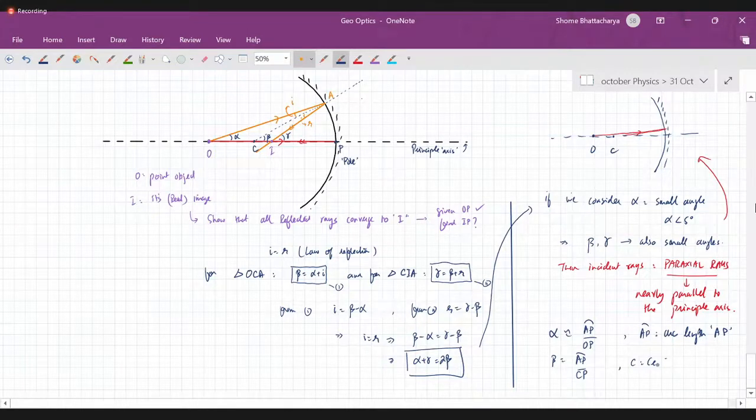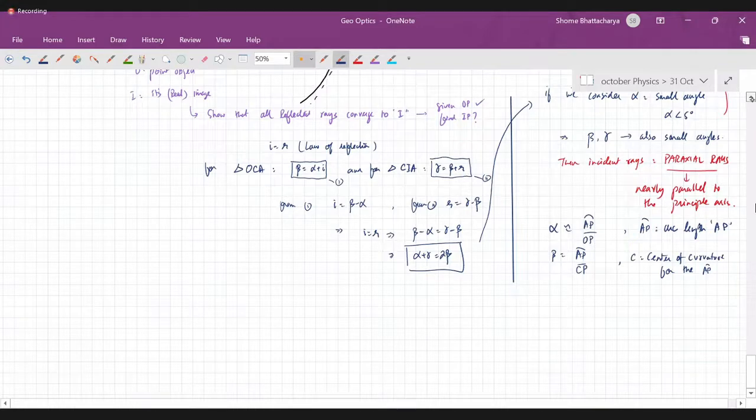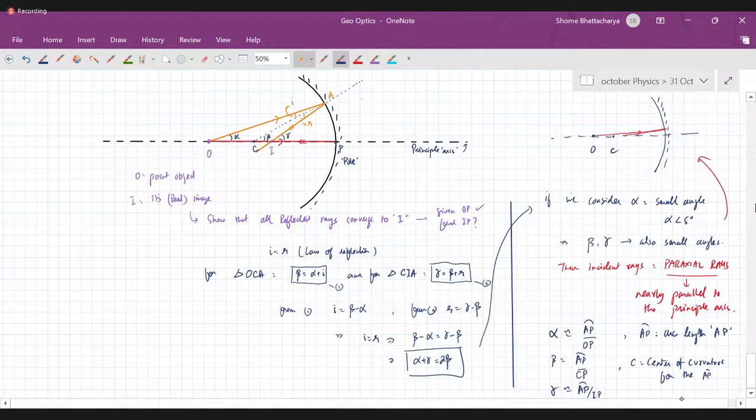And in the same way, gamma gets approximated as arc length AP divided by IP. So these approximations that we have written are subject to the condition that they are paraxial rays.